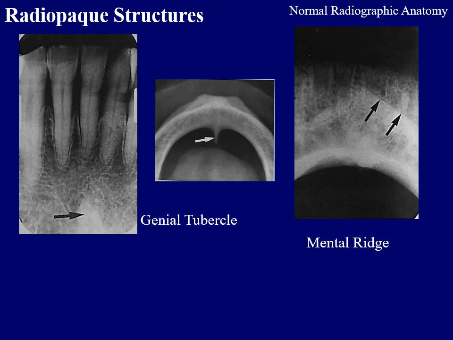The next normal landmark is the mental ridge. As shown in the third image, this is seen as two radio-opaque lines bilaterally on radiographs of the mandibular central incisors, as shown within black arrows. They vary in width and density, and these lines shouldn't be confused with any pathologies.